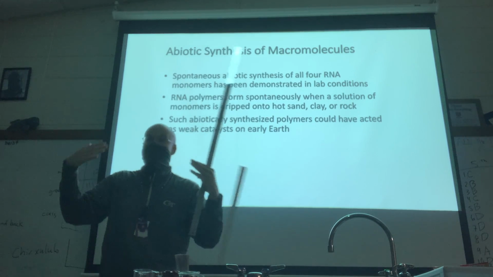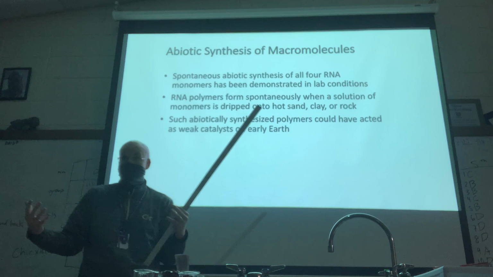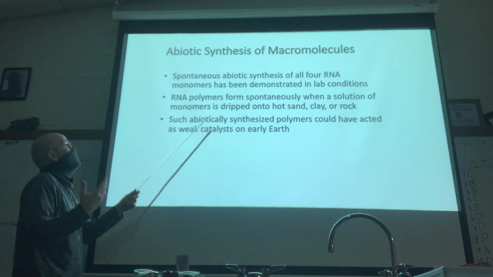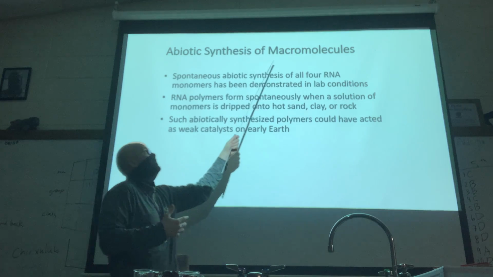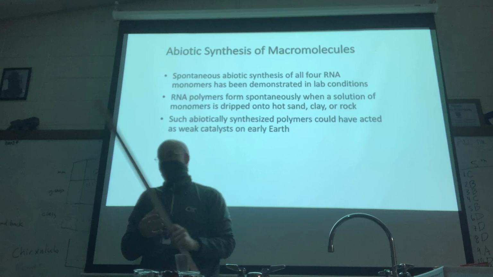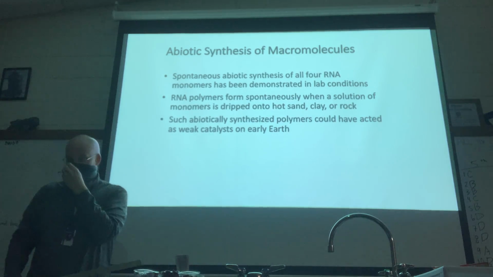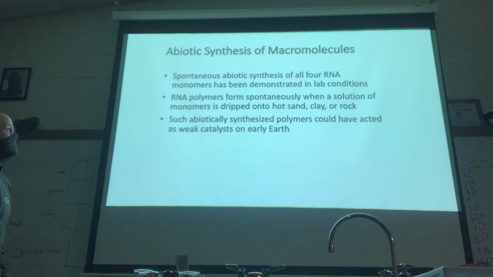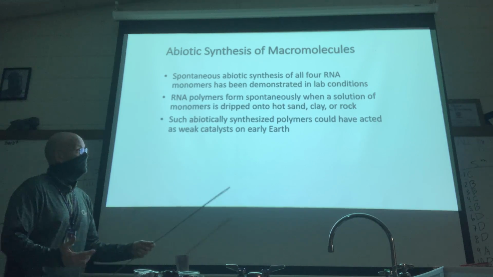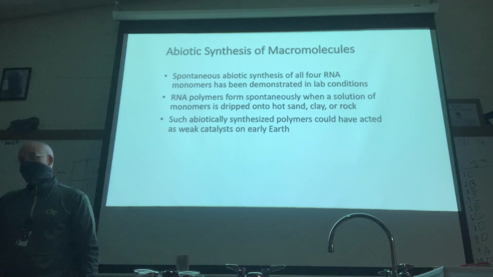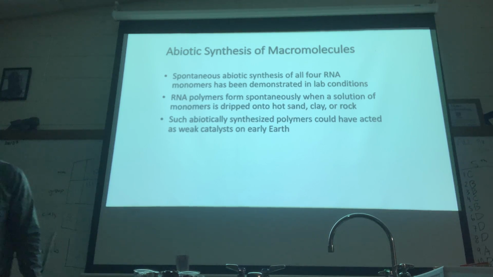They will bond together and make chains, polymers of these smaller components. And there you are. You're at a point where you're making bigger macromolecules from these smaller organic building blocks. So the chemistry of life seems to be possible without any life present.